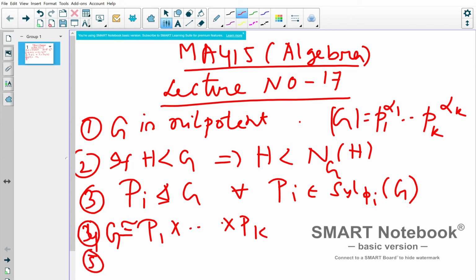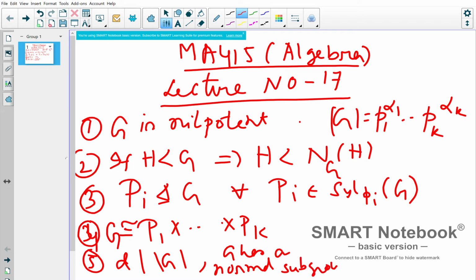If you have a divisor D that divides the order of G, then G has a normal subgroup of order D. These are all equivalent, okay?